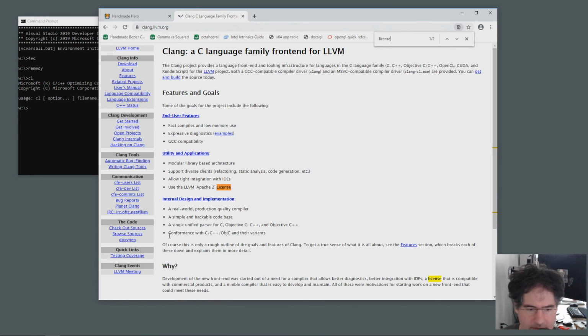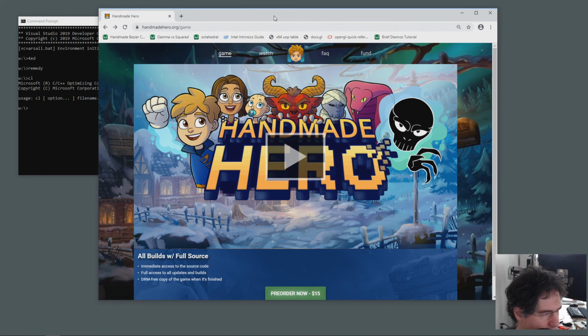Go look at what the license is, but the point is, Clang is licensed in a way that allows you to include it in commercial products, and CL isn't. So the reason I said Clang when you asked what I would do if I wanted to include a compiler when I ship the game is that Clang has a license that you could comply with, but CL does not.